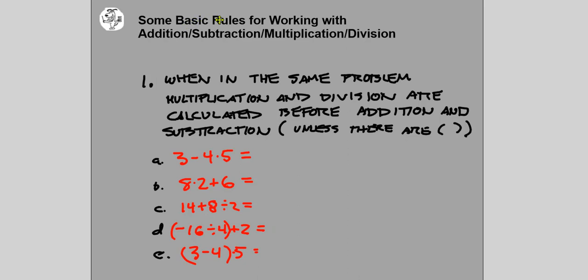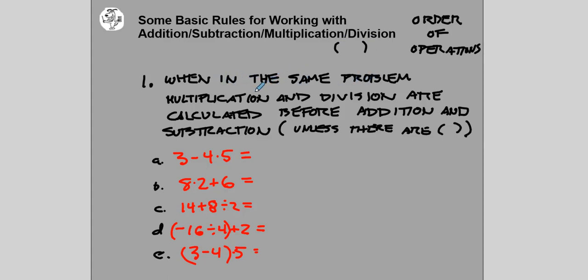So some basic rules for working with addition, subtraction, multiplication, division. These are some of what we call the order of operations. But we're not going to go into the complete set of order of operations in this video. We're only going to look at what to do when you have multiplication, division, addition, subtraction, and we will also look at parentheses.